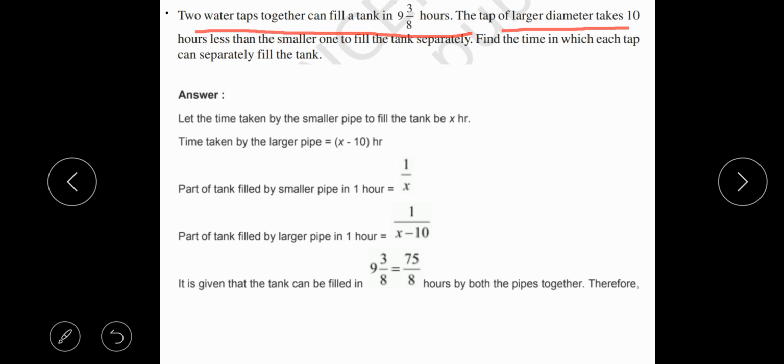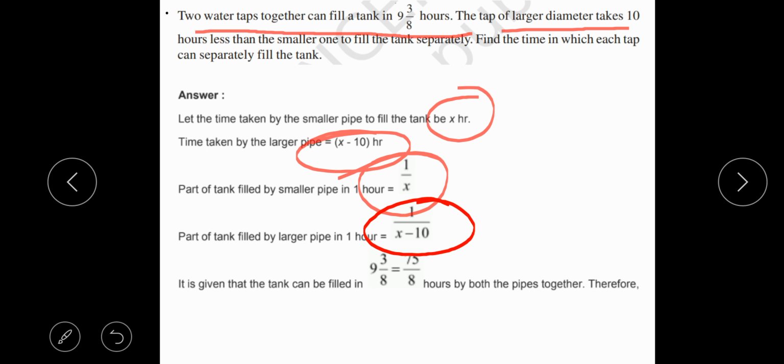So let's consider the time taken by the smaller tap is x hours, and the larger tap is x minus 10, because the larger tap takes 10 hours less than the smaller one. Now for 1 hour, the work done by the smaller tap becomes 1 upon x, and for the larger tap it is 1 upon x minus 10, by using the unitary method.